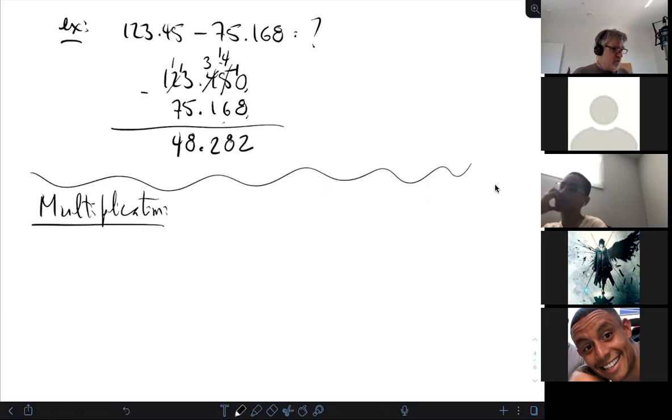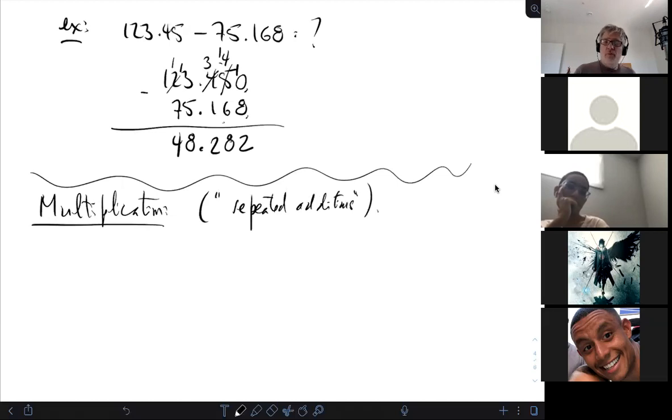So the basic algorithm is essentially a whole bunch of additions. It's like repeated additions, to some extent. But there are some tricky things we have to discuss.